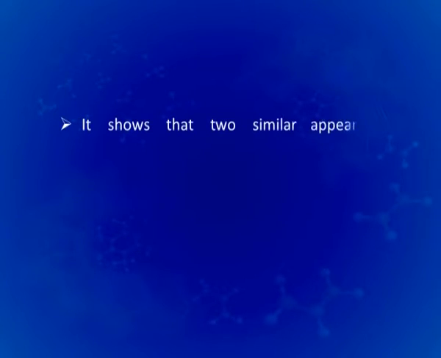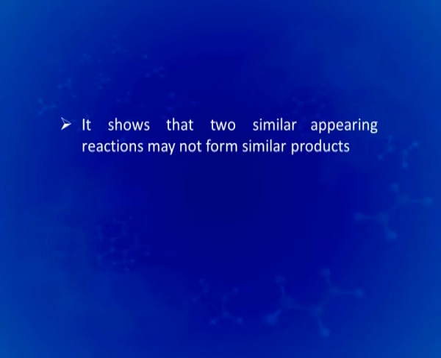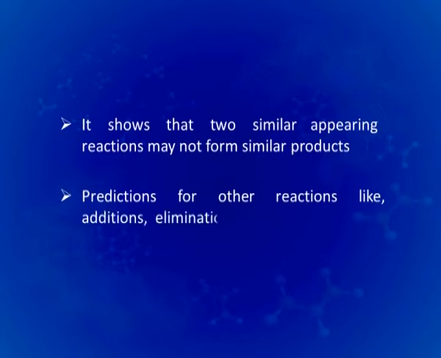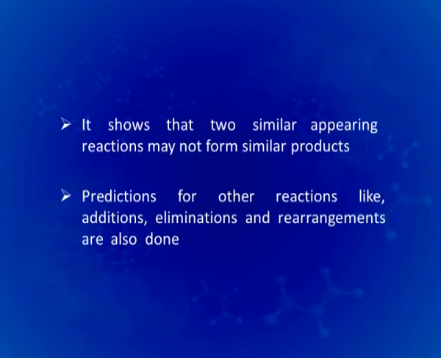Though the two reactions may appear similar, they do not form similar products. Therefore, predictions for reactions like additions, eliminations and rearrangements are also done on the basis of stereochemical studies.